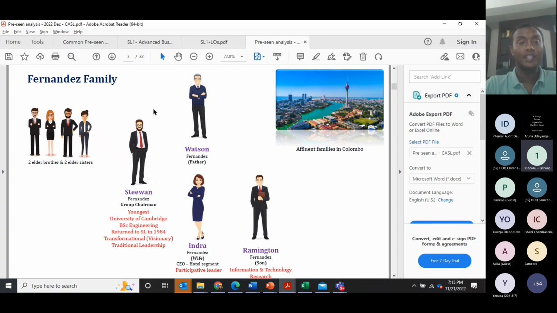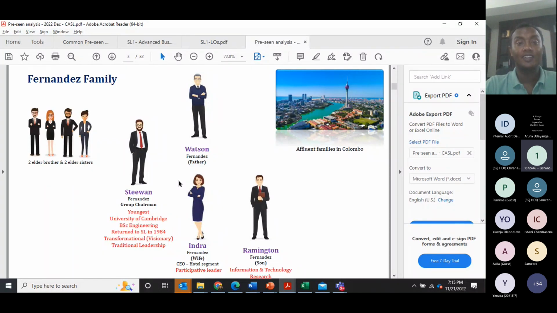Right now, for example, delegation and monitoring doesn't work. He wants to really get involved, whereas Indra is mostly a participative leader. Her style is different. Can this be a risk? Probably we will discuss. Can this be a governance issue where the two, when it comes to the group, are husband and wife, but their management style is very different, which the case study acknowledged? I hope you saw that.